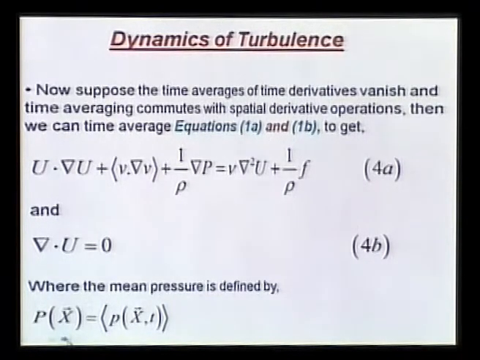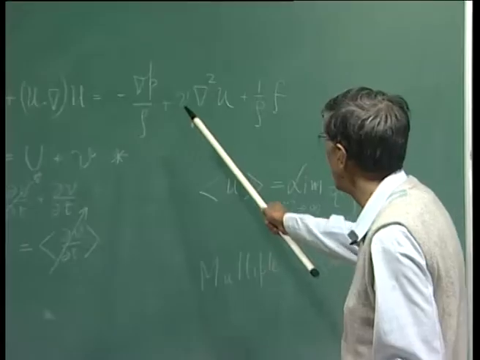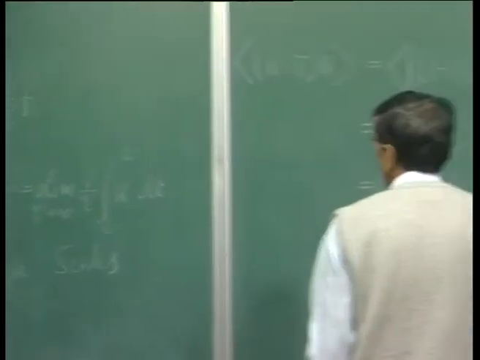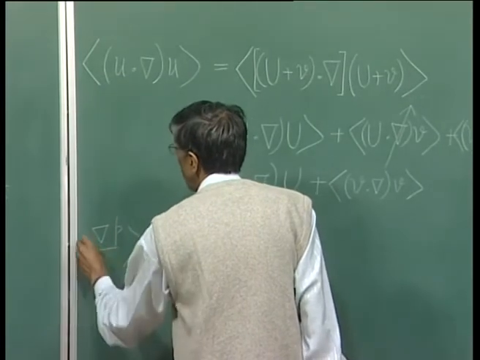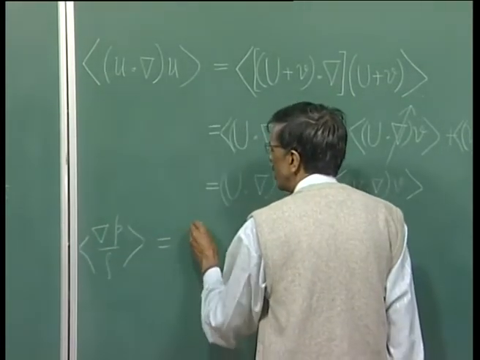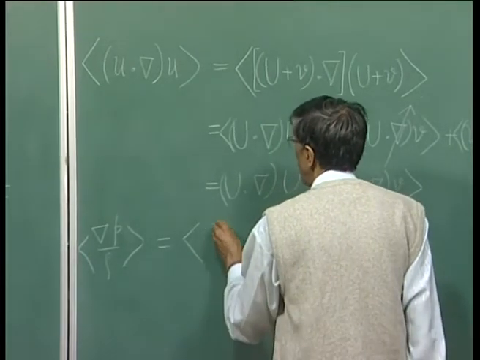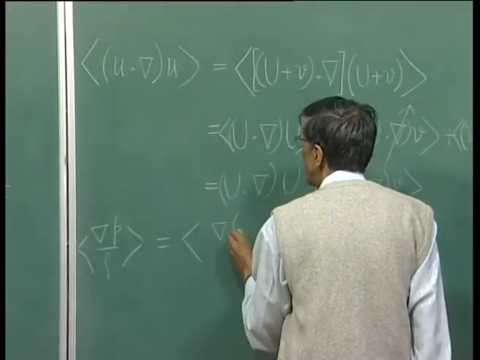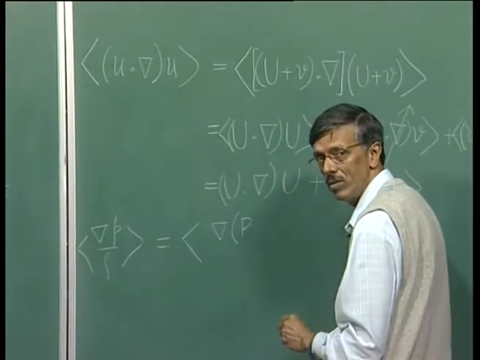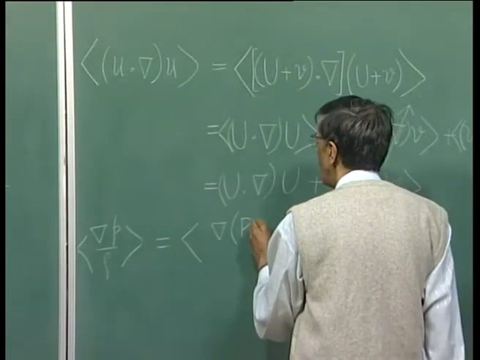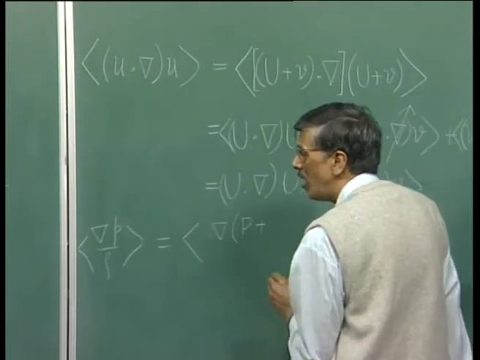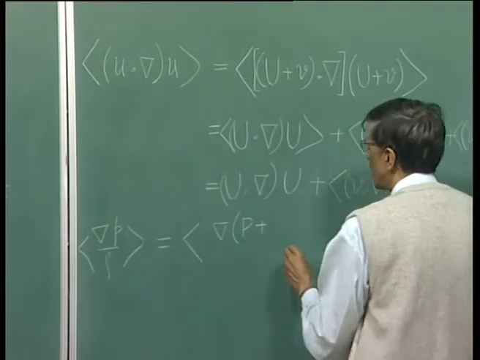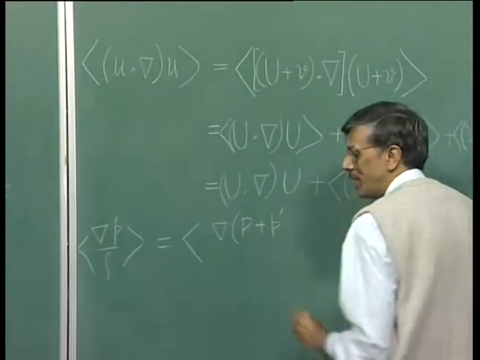Now, what has happened is, I could similarly write this term, del p by rho. If I do this, what will I get? Del of this p, the instantaneous p that I am writing, is this plus some kind of fluctuation, which let me write as this.